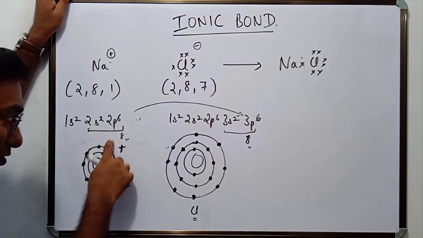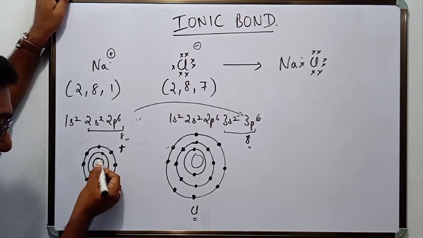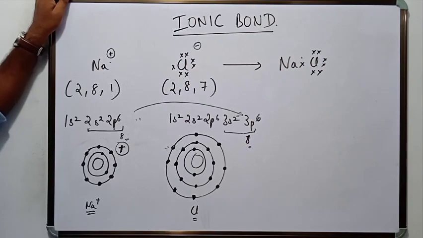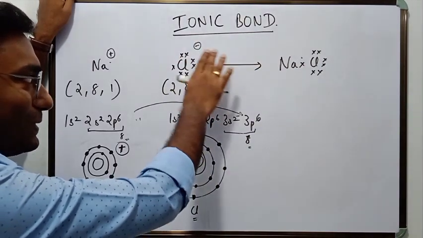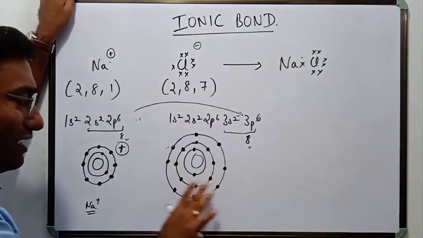Now when that electron has gone to chlorine, the number of protons is more than the number of electrons, so that results in a positive sign. Here also, initially it was just chlorine and no acceptance had taken place. Then what was the situation?